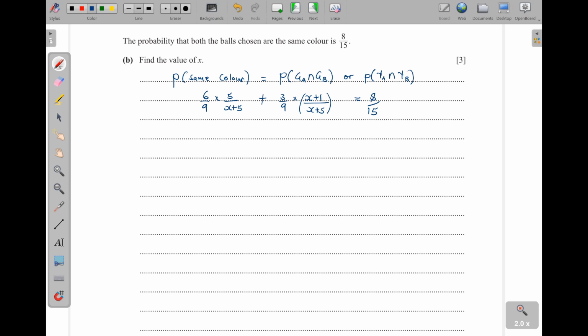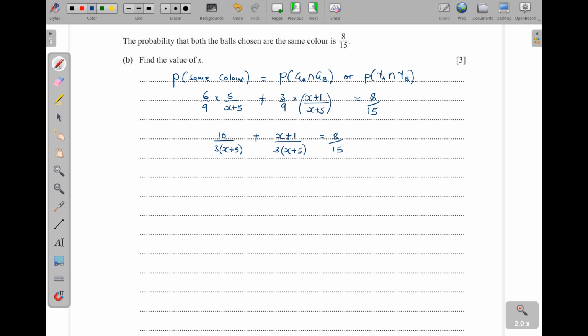First of all, here I will reduce this by 3. So I will have that 2 times 5, we shall get 10 over 3 into x plus 5. And then here 3 goes here once, and then here 3 times. So meaning I will have a third, so x plus 1, then divide by 3, x plus 5, which is equal to 8/15.